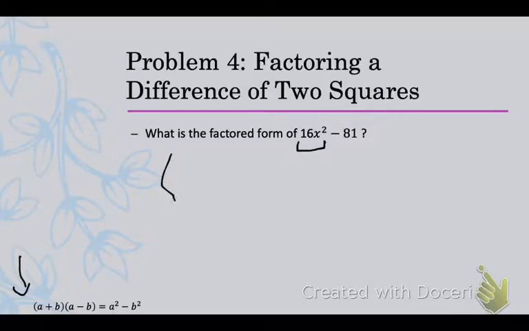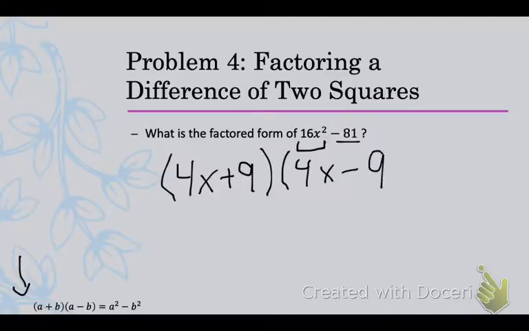So my first thing I'm going to write is 4x. Then I'm going to write plus, and I'm going to write the square root of 81, which is 9. And then my next one will be 4x minus 9. Again, super easy. It's just a matter of remembering the rule.